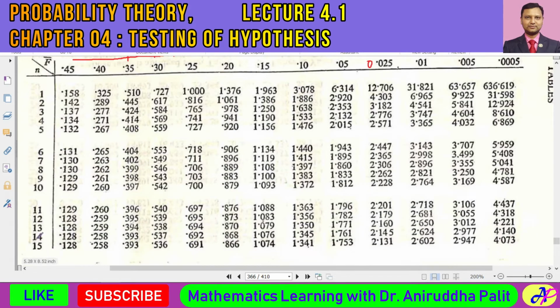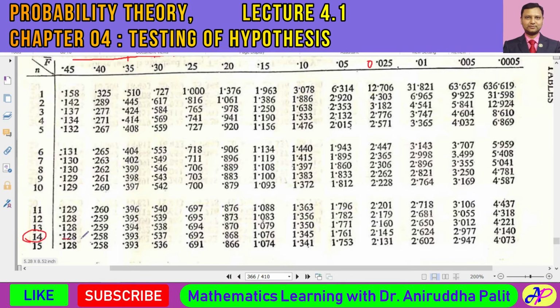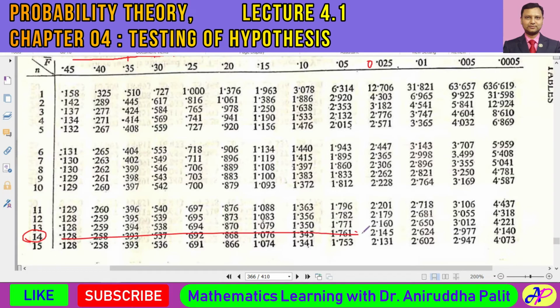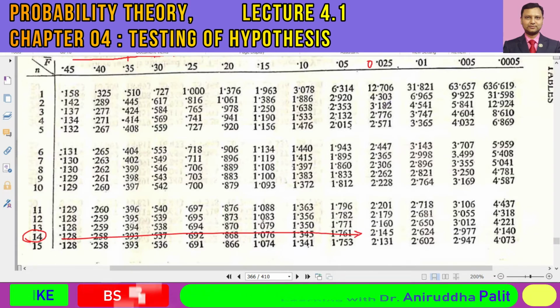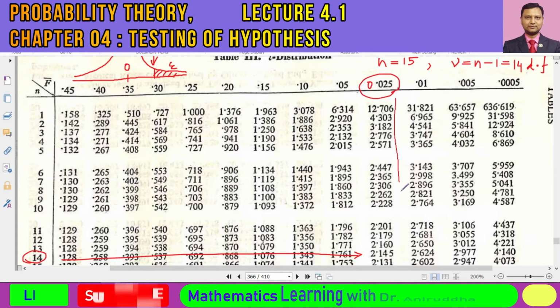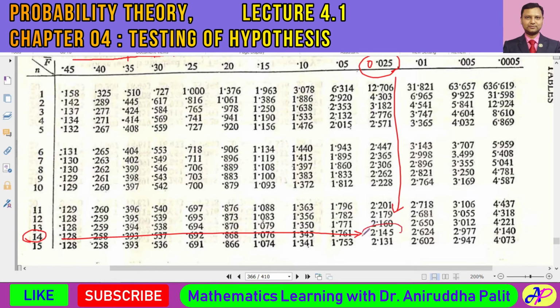Okay, so now let's try to identify where is 14 degrees of freedom. This is our 14 degrees of freedom, this one. You shall have to move along this row, come to this value. You see this is the column for 0.025, and you consider the intersection, this value, this is 2.145.